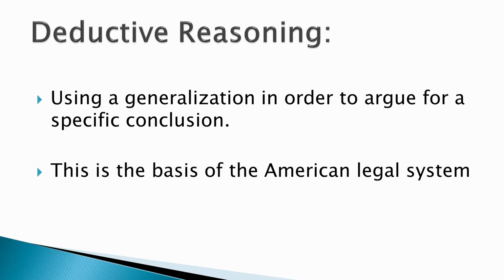It's based upon what has come before. And so the precedent in a court case is essentially a deductive argument. It's looking at something that we agree to be true because it's what was done before, and then we move from that to establish new specific arguments.